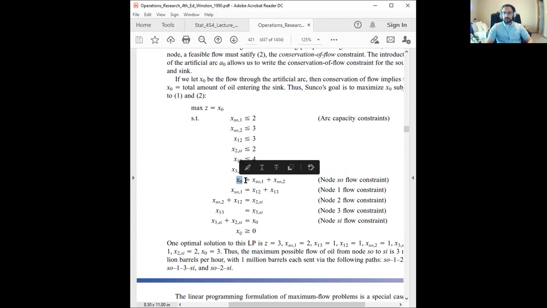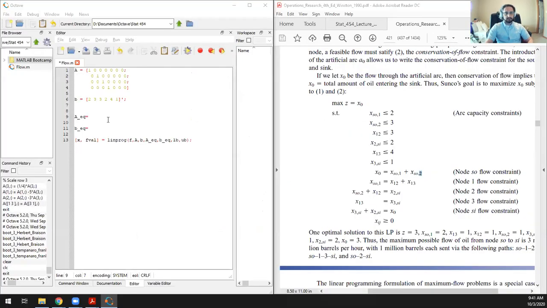So instead of having x0 equals xso1 and xso2, you should subtract these quantities over. And you will have, line by line, things that look like this. You'll have a 1 here, and then a couple of negative ones, and then zeros for everything else. And because you did a subtraction over to the other side, you should have a 0 as the equality constraint, the right-hand side. And this will hold true for all of the B's, like that.